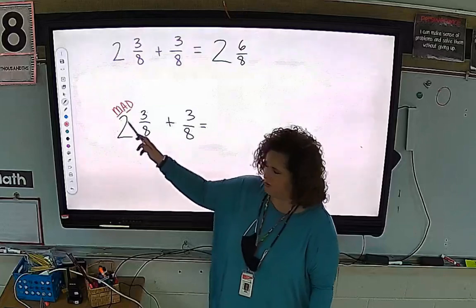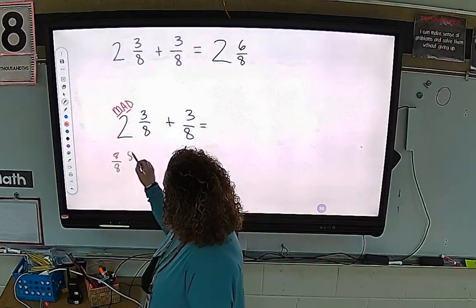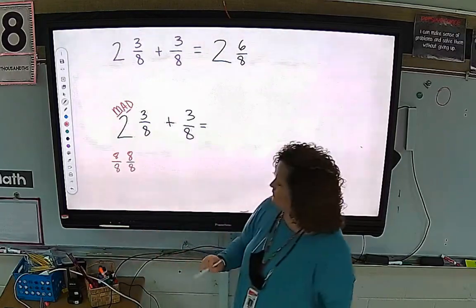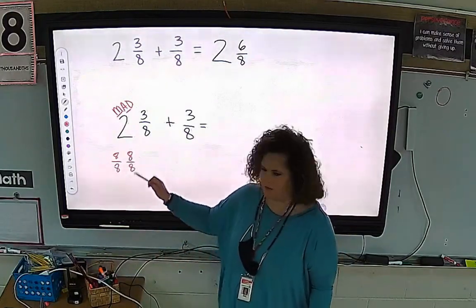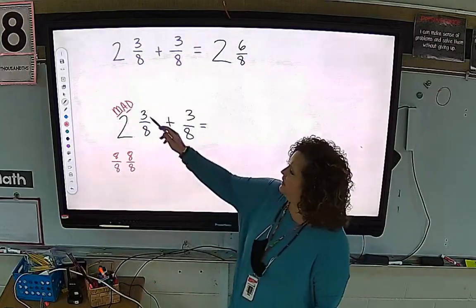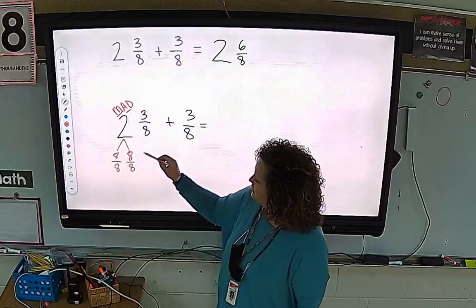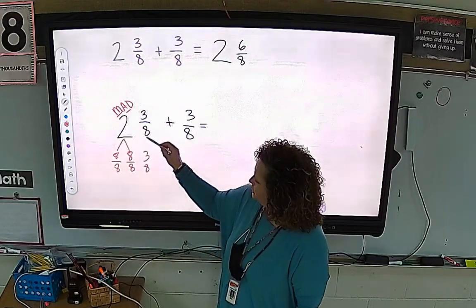If you know that 2 is 8/8 and 8/8, right? Because that's 1 and that's 1, right? And we have 8s here. And then we have this 3/8. So 2 is this and this, and then we have the 3/8 from right here.